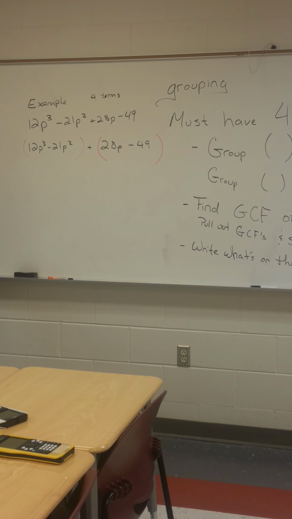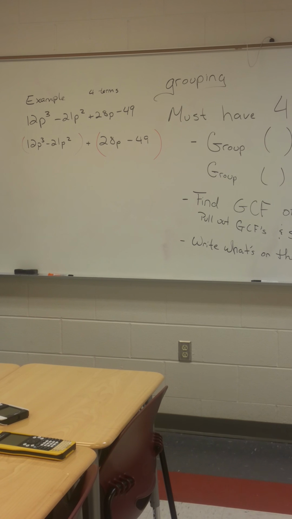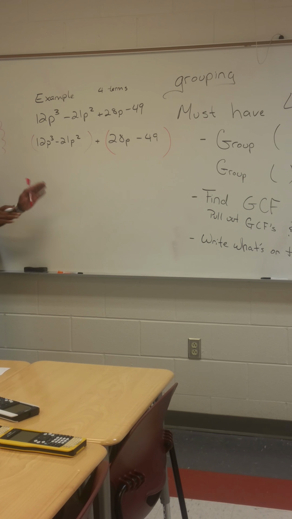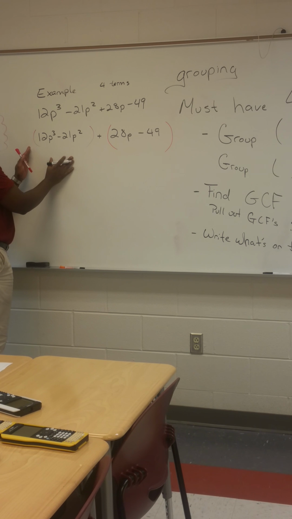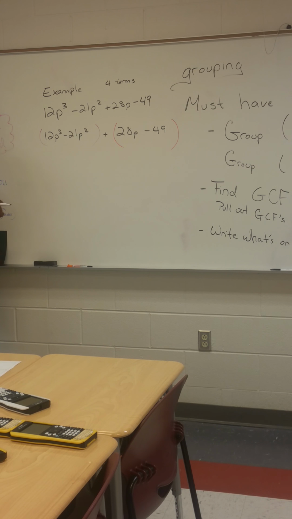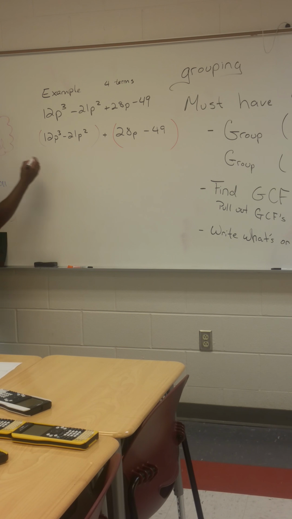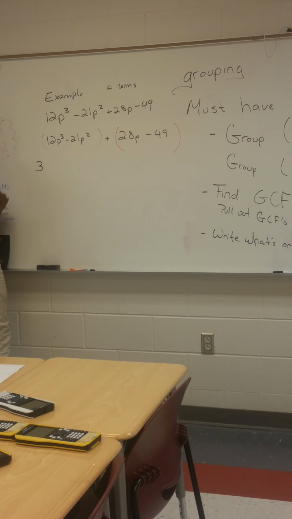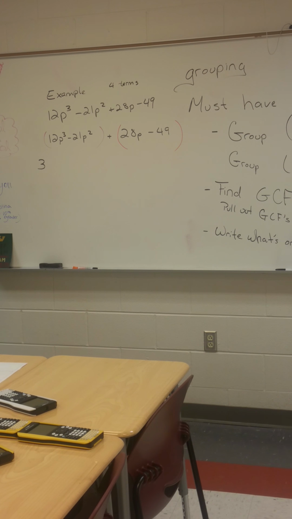Good so far. Find our GCFs of each group individually, so it's just this group now. Trying to find a number that can go into 12 and 21. If you're thinking 3, sounds good to me.